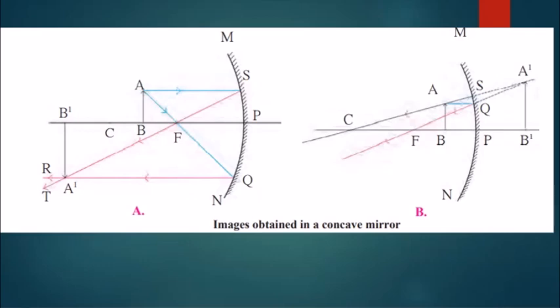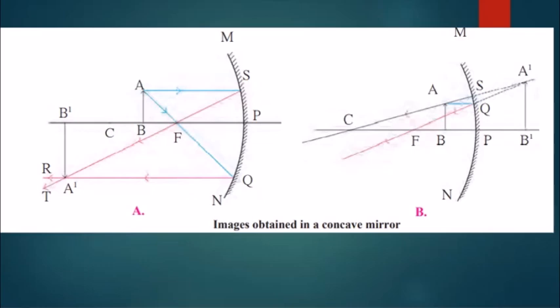The image is behind the mirror, it is erect, and it is larger than the object. As the reflected rays do not meet, they appear to come together behind the mirror, and the image is a virtual image.